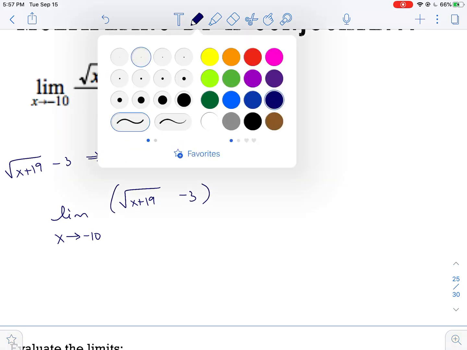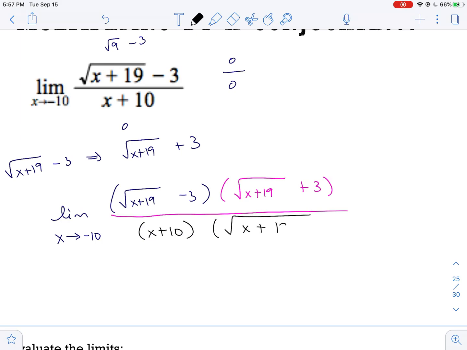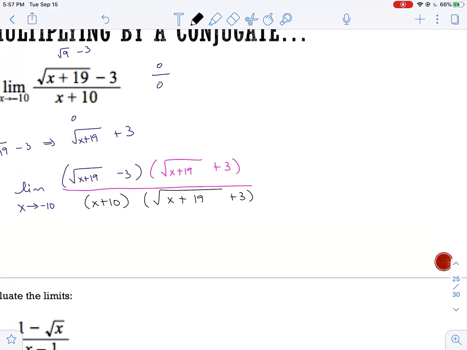So I have the square root of x plus 19 minus 3, and I'm going to multiply that by its conjugate, the square root of x plus 19 plus 3. But whatever I do to the numerator of a fraction, I've got to do to the denominator. So the denominator was x plus 10, and I'm going to multiply that by the square root of x plus 19 plus 3. I'm not actually going to multiply out the denominator. I'm just going to FOIL out the numerator.